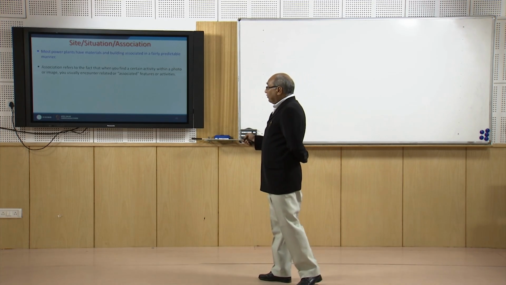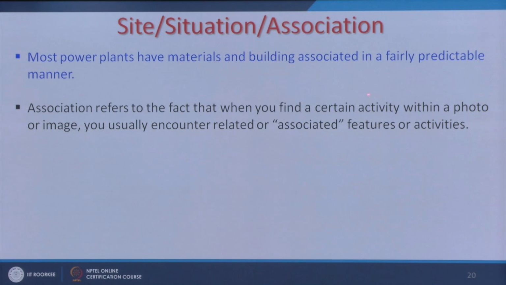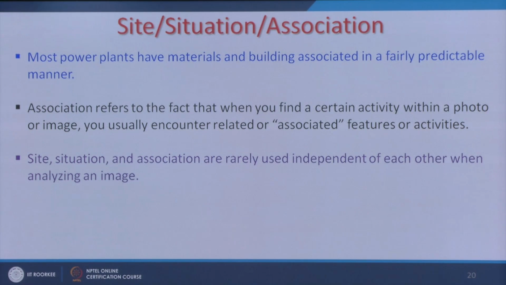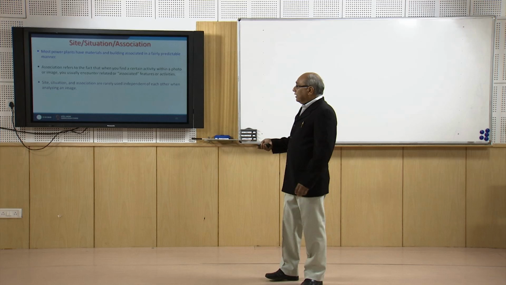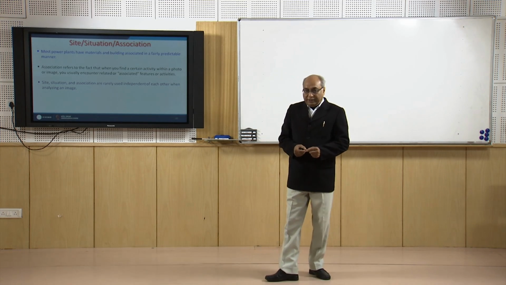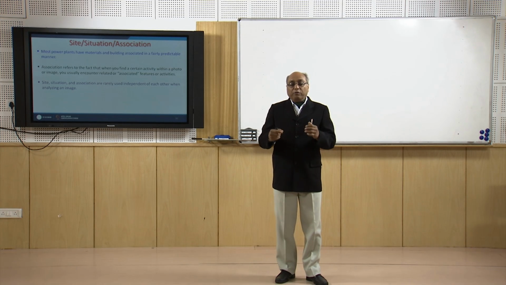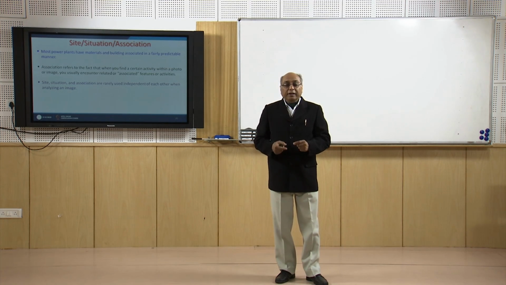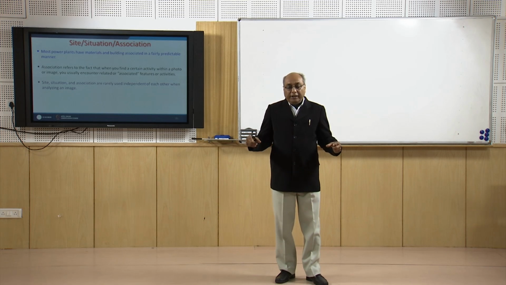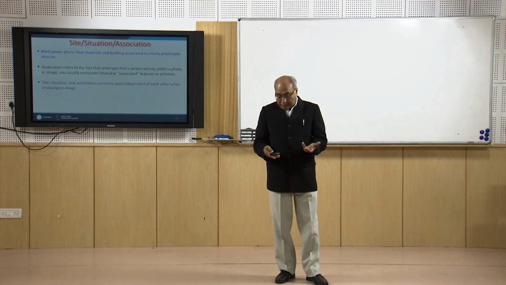Association refers to the fact that when you find a certain activity within a photo or an image, you usually encounter related or associated features or activities. Site, situation and association are rarely used independently of each other when analyzing an image. There can be a railway station. If it is a railway station, you will find a track, you might find a platform, a shadow, and there might be more lines within a few kilometers of a railway station, and then fewer.